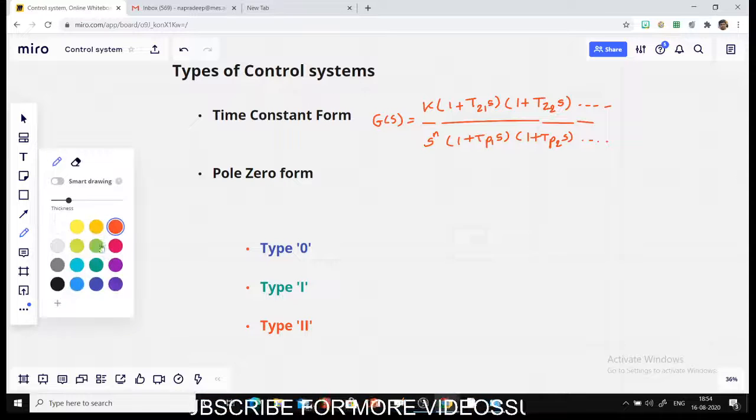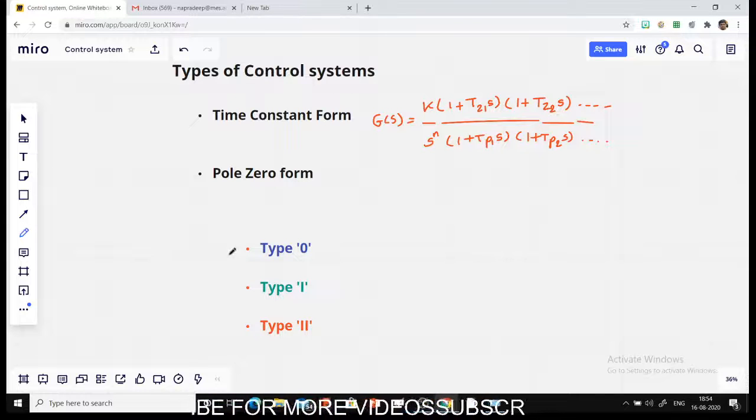Here, this is called time constant form, where the coefficients are associated with the s term. All the coefficients are associated with s, and there is a unit in the constant term, one in the constant term, that means this is the representation in time constant form.